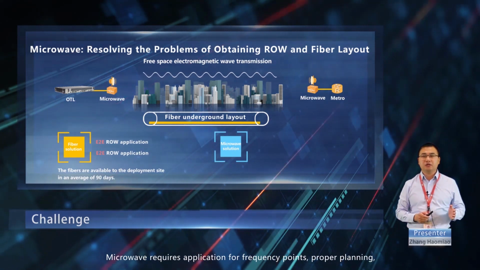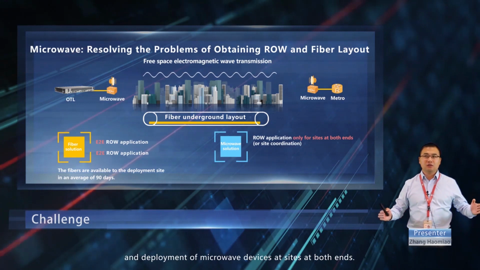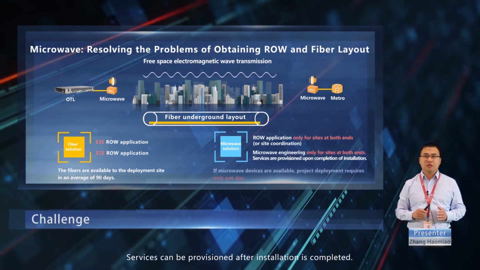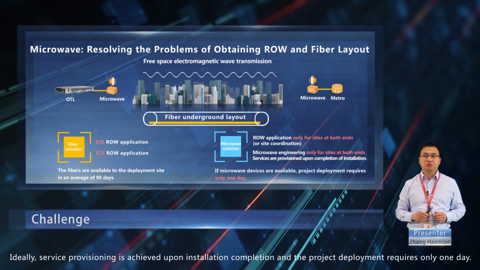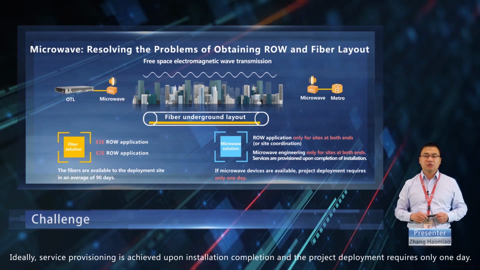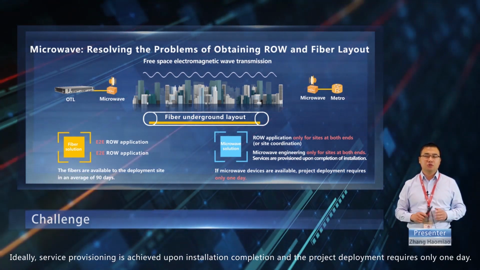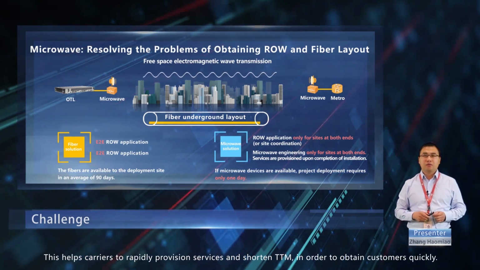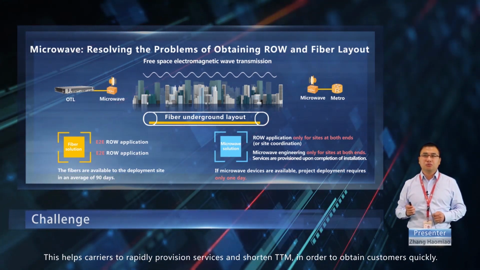Microwave requires application for frequency points, proper planning, and deployment of microwave devices at sites at both ends. Services can be provisioned after installation is completed. Ideally, service provisioning is achieved upon installation completion, and the project deployment requires only 1 day. This helps carriers to rapidly provision services and shorten TTM in order to obtain customers quickly.